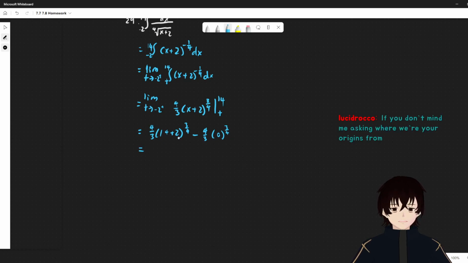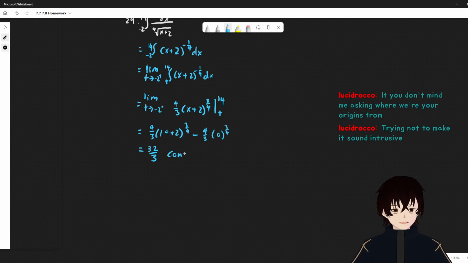Which is equal to 16, that's 2 to the power of 3 is 8. So that's 4 times 8 is 32/3. I am from China. 32/3, this is convergent.